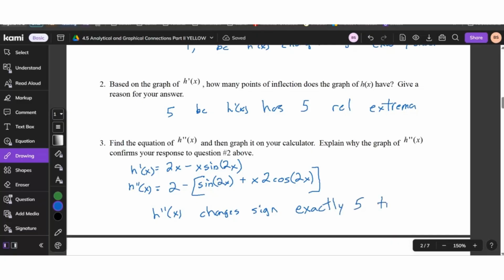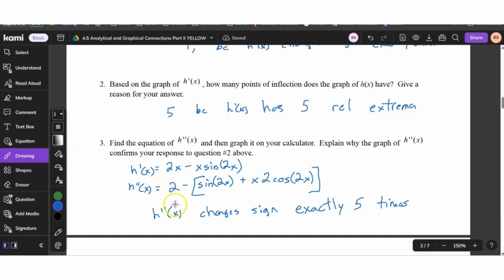Does that make sense? So this confirms it, because we said, if it's got 5 relative extrema, then the second derivative should have 5 zeros, and it did. And that means the original has 5 points of inflection.